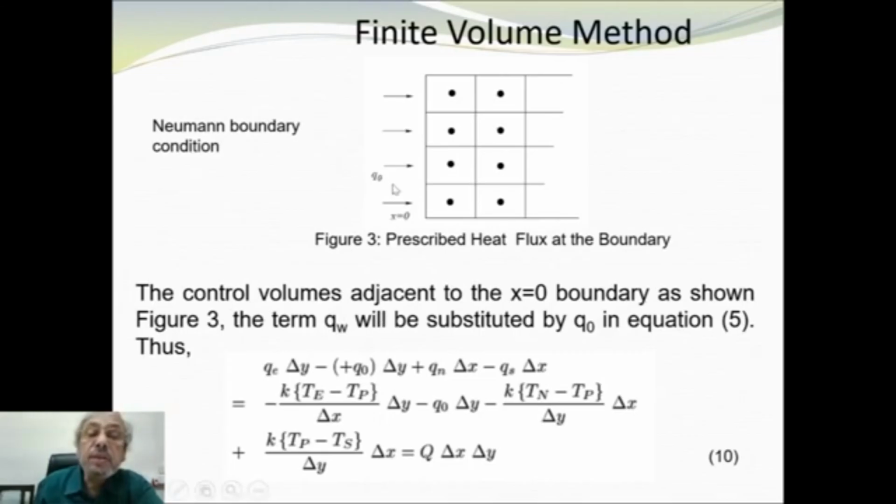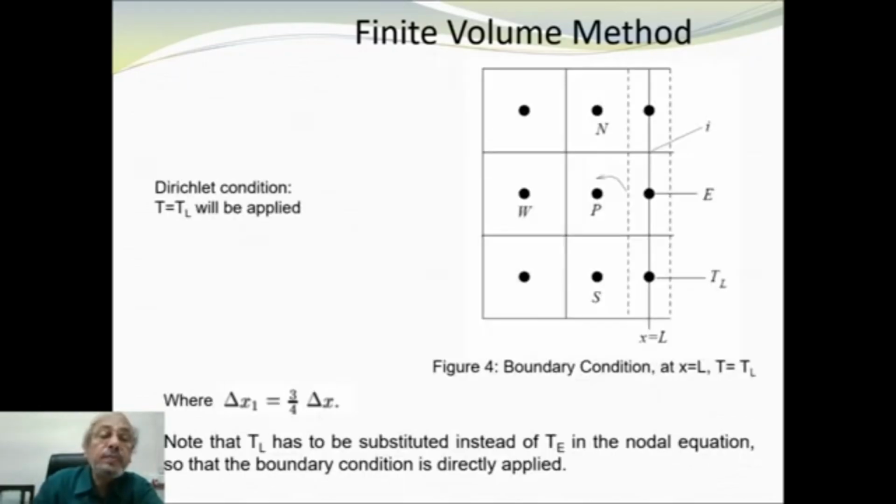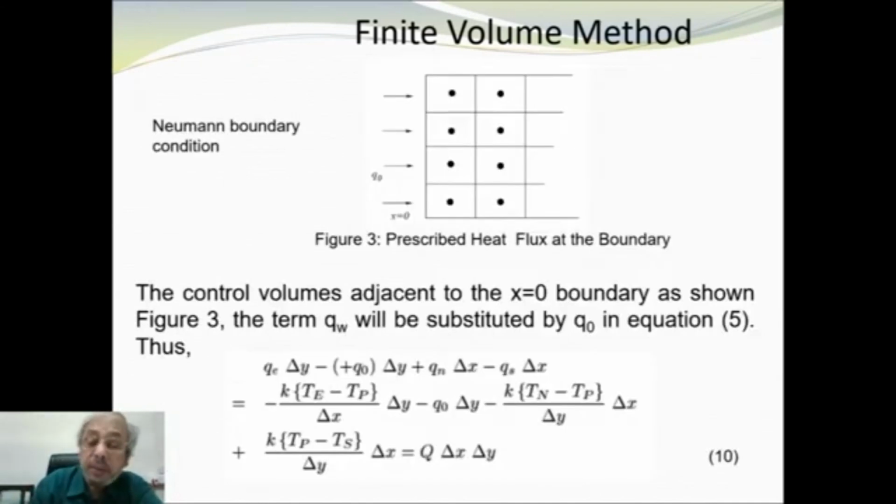So in this symbolic equation, if we substitute P as ij, and the eastern neighbor, western neighbor as I plus 1j, I minus 1j, etc., we'll be able to set up again the nodal equation on the nodes where the boundary condition is known. Now the boundary condition is known, but that was the Neumann boundary.